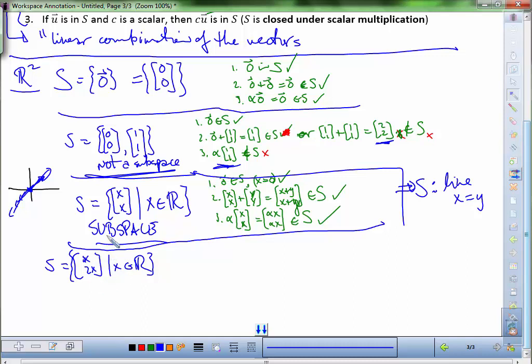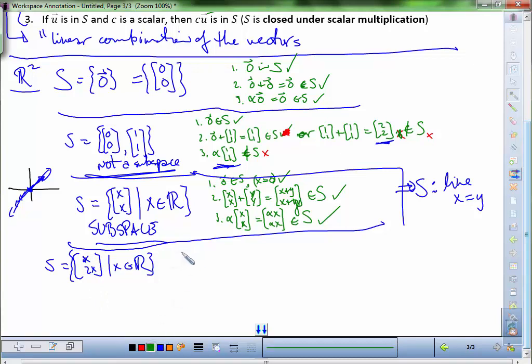I'm just going to use this notation. Collection of vectors, yeah. So, is this a subspace? I have x and 2x. Is this a subspace?